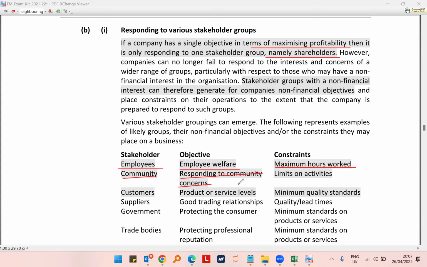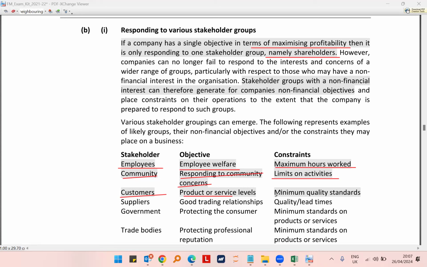Then the community, of course, you can't do everything, so there will be a limit on the activities that you can do to satisfy them. Then customers, they of course want to be sure that you are producing what they need at the quality that they need, but at a cheap price.